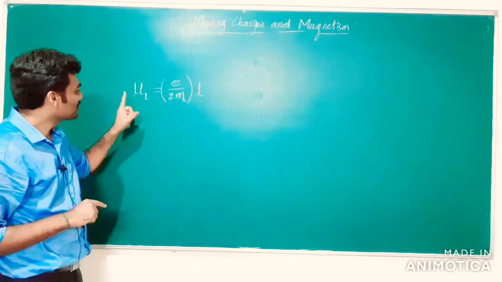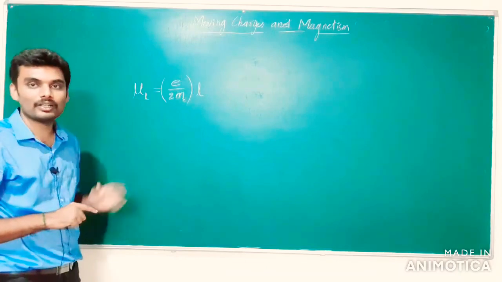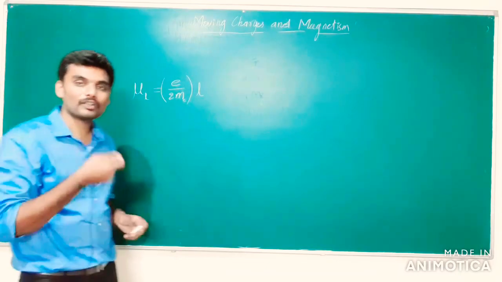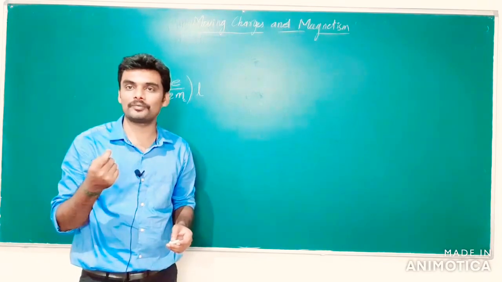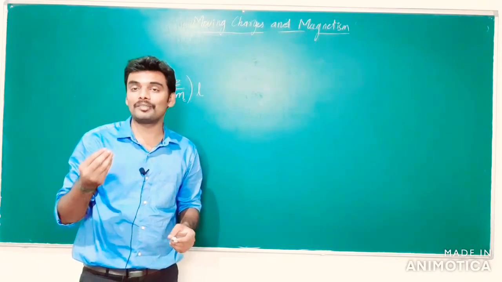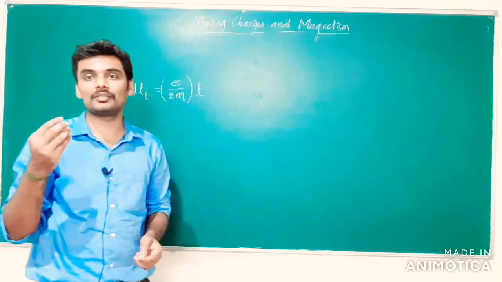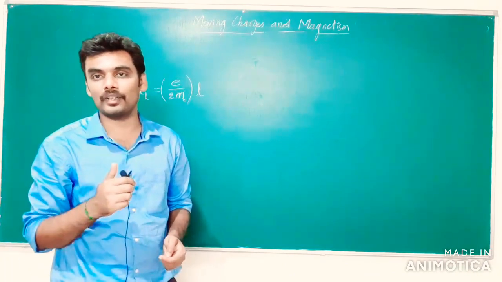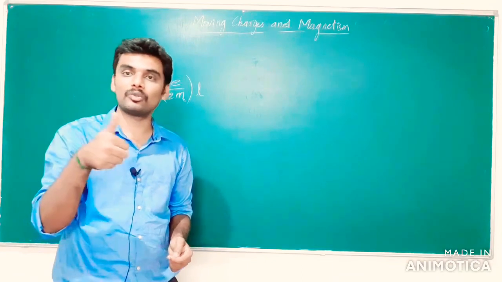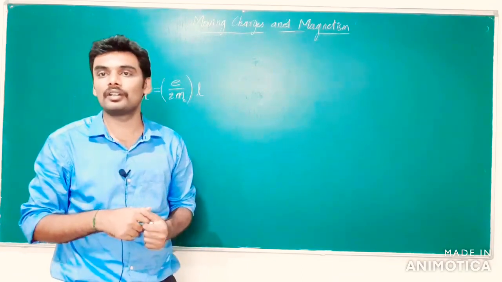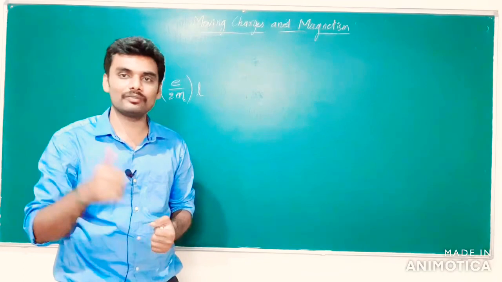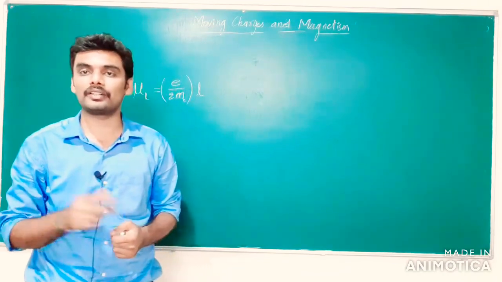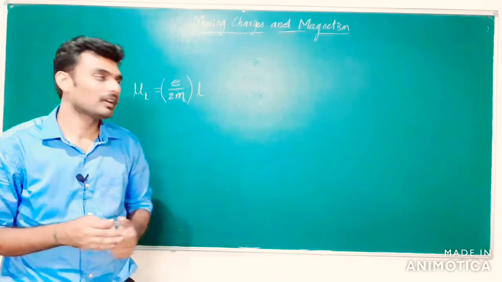If we express the same expression vectorially for a revolving electron, finally the electron is a revolving body, isn't it? So it doesn't matter what kind of charge the body possesses to get the direction of angular momentum. It's always the right hand thumb rule which gives us the direction of angular momentum. R cross V will give us the direction of L, right?